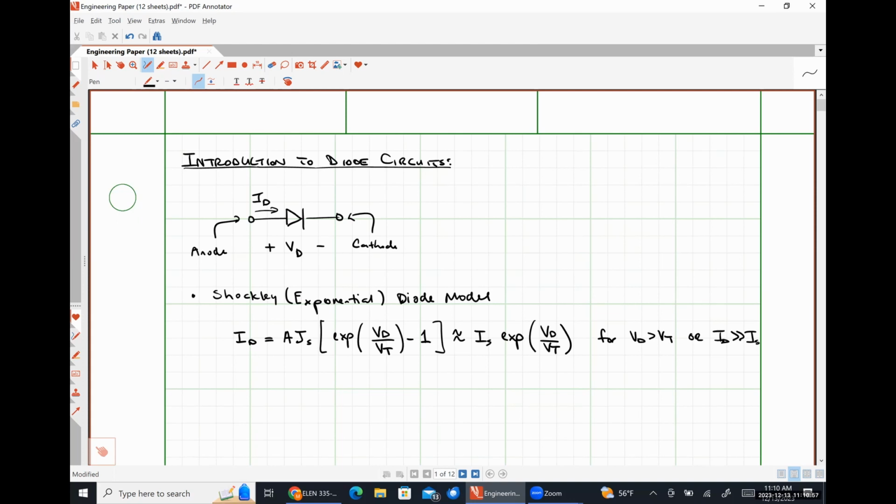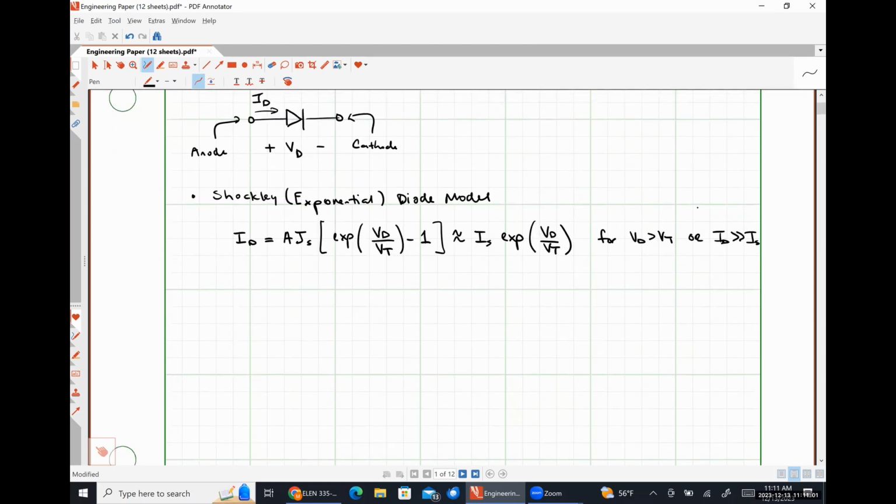So let's analyze a circuit using our Shockley diode model. Okay.